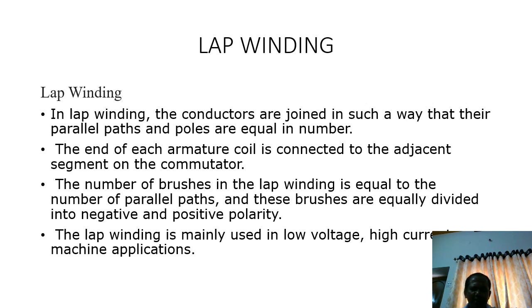In lap winding, the conductors are joined in such a way that the parallel paths and poles are equal in number. That means the number of parallel paths is equal to the number of poles.